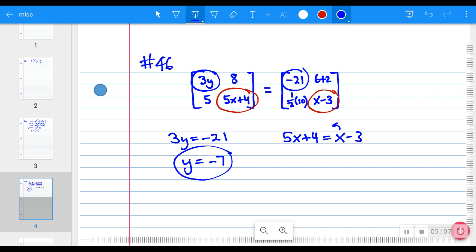And a little bit of work here, and we can find out x. 5x minus 1x, and over here, negative 3 minus 4. You end up with 4x equals negative 7. And dividing by 4 here gets you the answer. Negative 7/4 is what x is. So that takes us through problems 43, 44, 45, and 46.